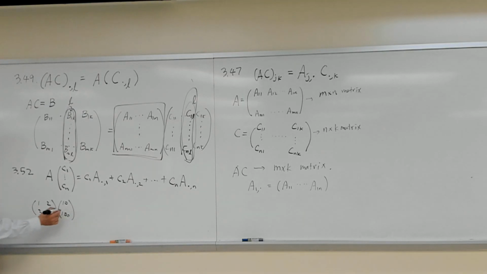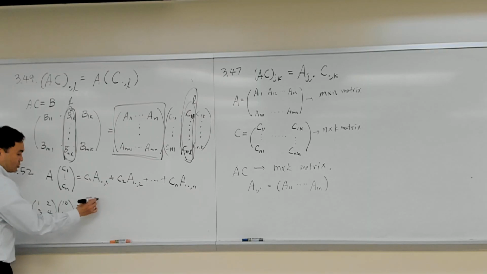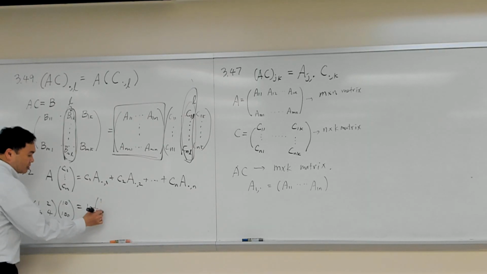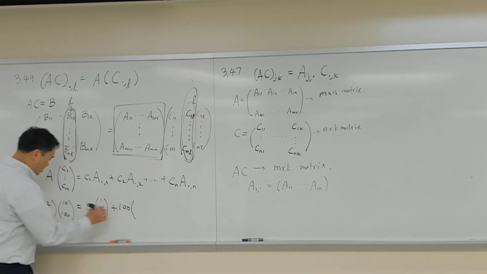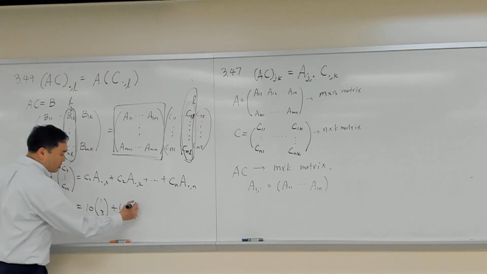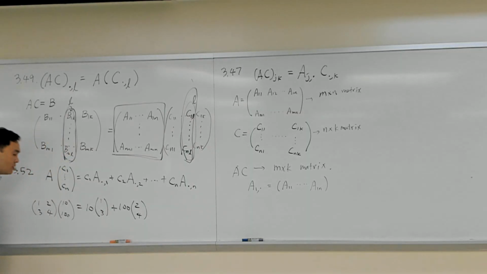This result is the same as multiplying 10 to the first column vector and 100 to the second column vector, which is 2, 4. You can check the left side and the right side, and you'll see that they're exactly the same. This times this is 210, and that also gives you 210.